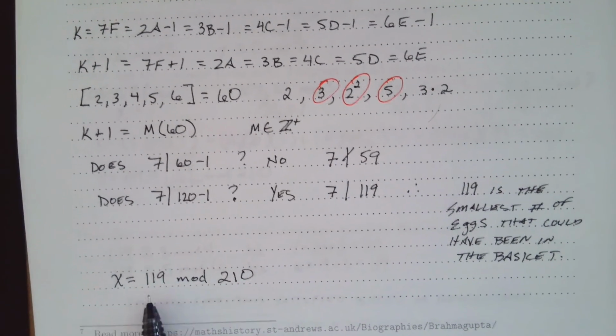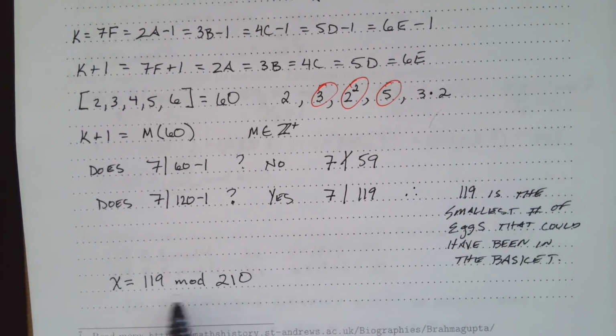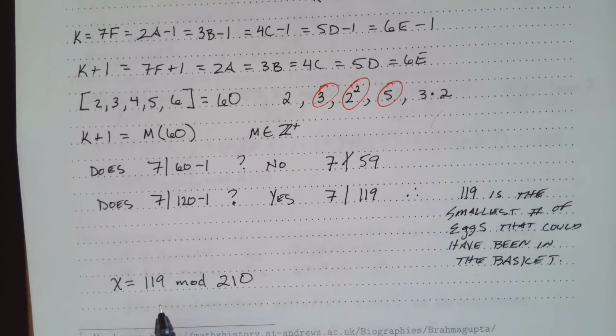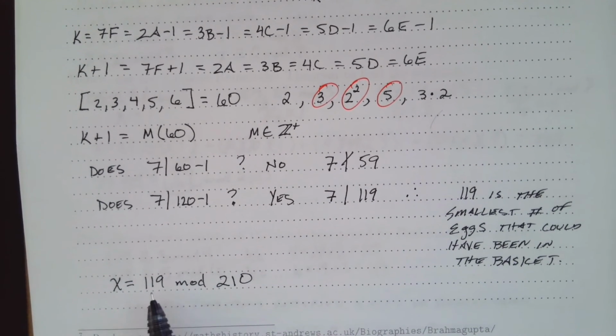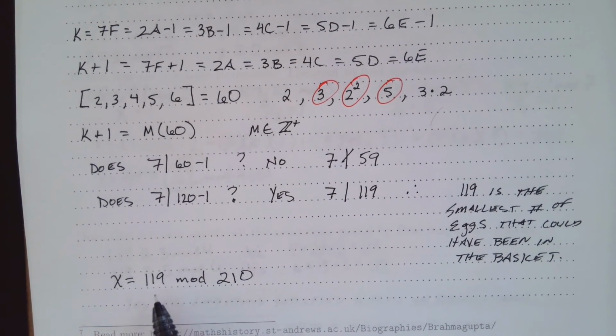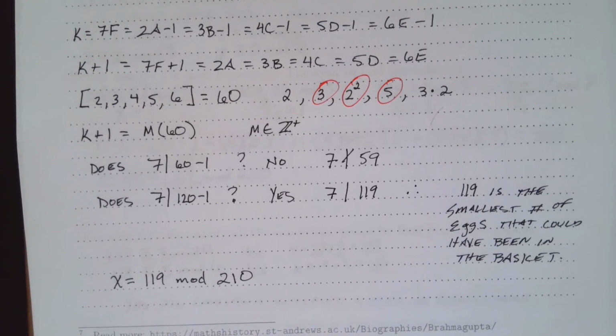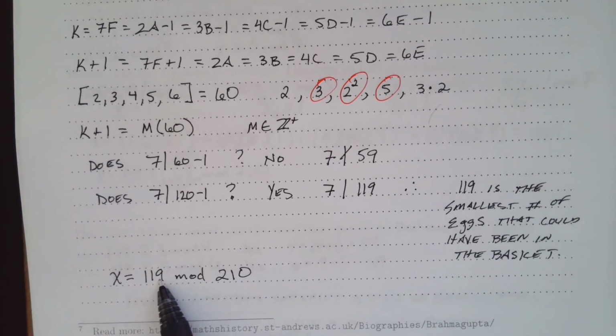So we got 119 in both of these cases, but the Chinese remainder theorem provides for an easier vision of all my possible answers. Maybe there was 119 eggs, but also maybe there was 329 eggs.